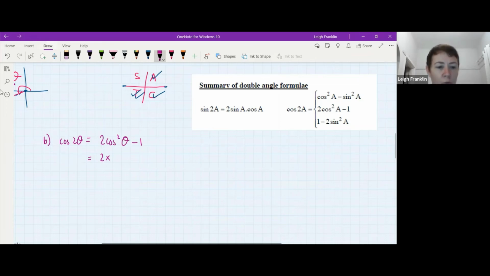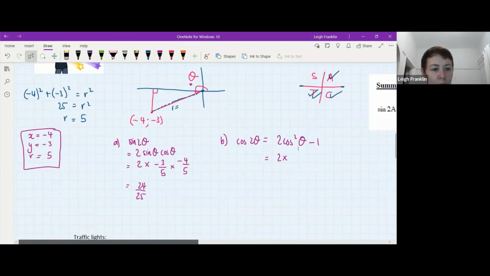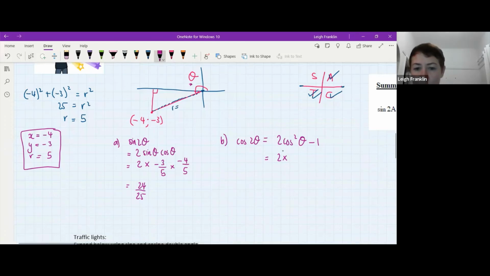So in terms of what we were working with in this particular diagram, we said that cos theta was minus 4 over 5. So this is 2 times minus 4 over 5, squared, which gives us cos squared theta, and now we need to take away 1.